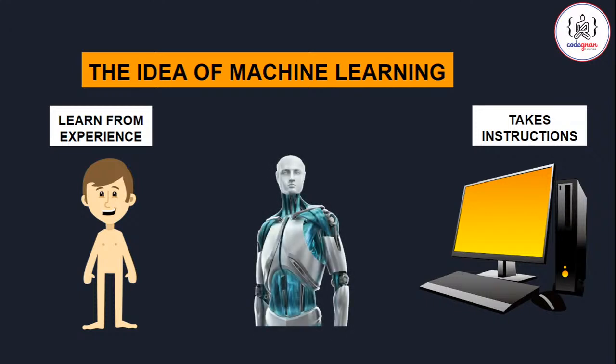Then we try to come up with systems that can automatically do this task without us giving this instruction. So here we come up with the idea of machine learning, where it learns from data, like we learn from experiences. The more data you supply to these machine learning models, the more they learn and the better result they give you.